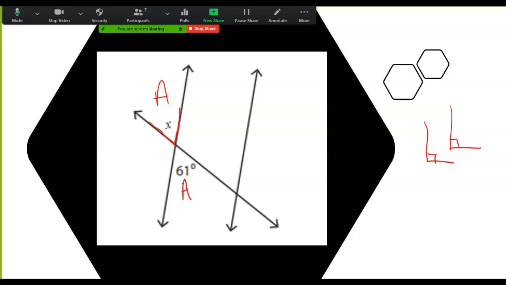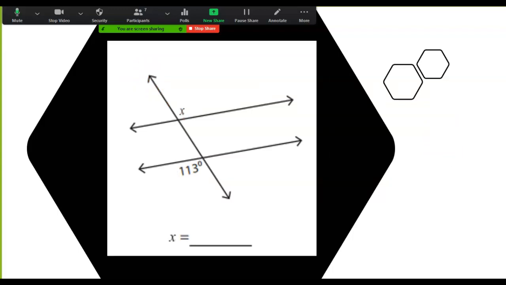What does it say about all acute angles? Congruent, and that means what? The same. So if they're both acute and they're both the same, what's the measurement of X? This is A. So what is that measurement if they have to be the same? 61, you got it. 61 degrees.